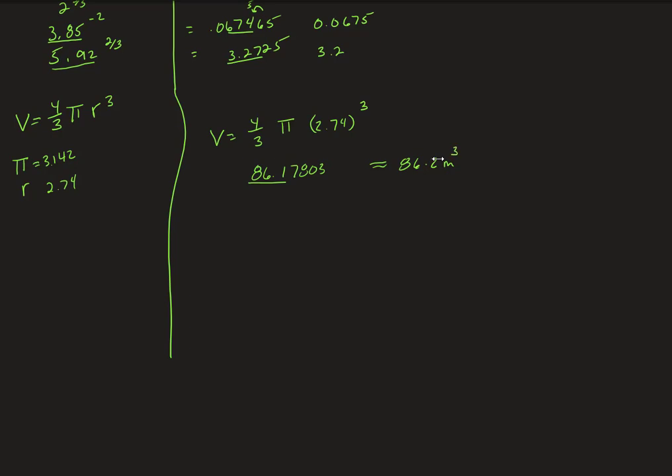So all we did was, even if you didn't understand the formula, we just ran the formula. We took 4 divided by 3 times pi times 2.74, and we cubed that, and we came up with the answer. We found out the number with the least significant figures, and we used that. So we came up with 3 significant figures, and our answer came up to 86.2 meters.